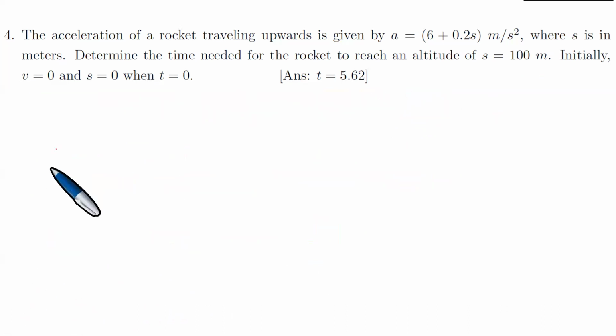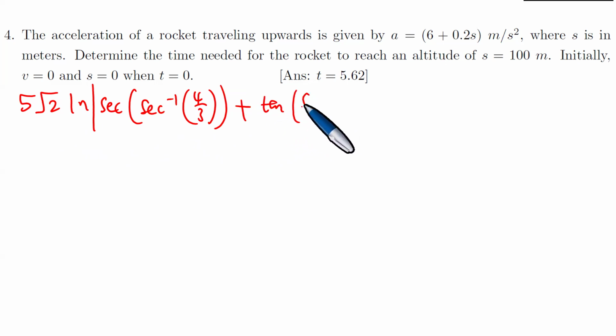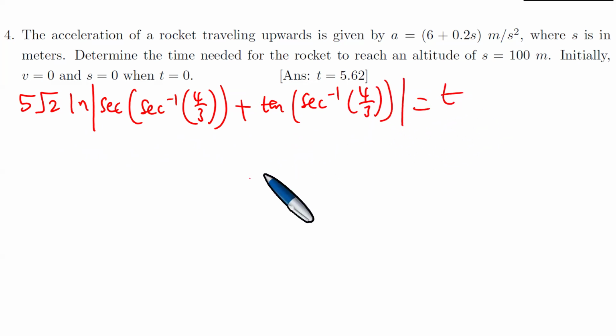So we have 5 square root of 2, the ln of the secant of the arc secant of 4 over 3, plus the tangent of the arc secant of 4 over 3 equals T. And we want to get the answer to this.